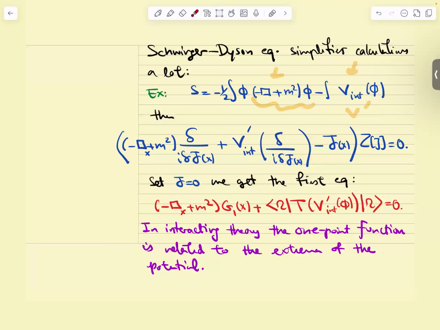Let's see how. Take the action, a massive scalar field plus some sort of interaction. I'm not going to even specify what interaction, V interaction of phi. The only thing is that it's only a function of phi and not time derivatives of it. What would go wrong if it was a function of time derivatives?